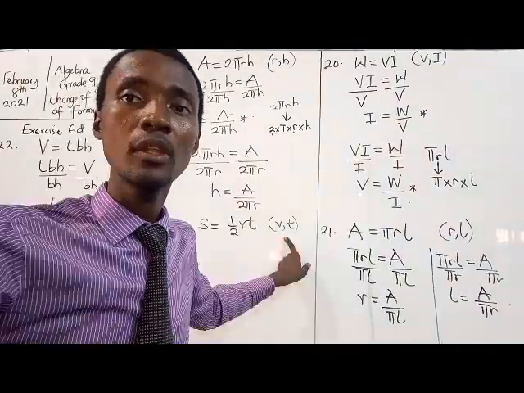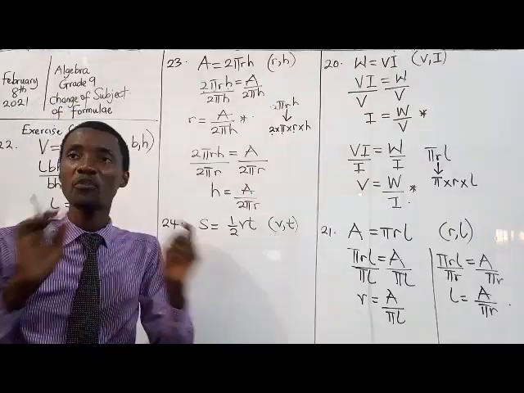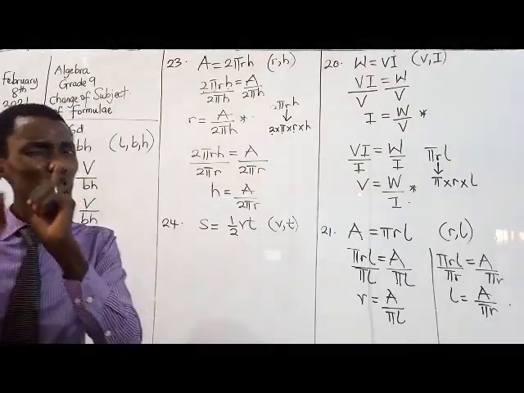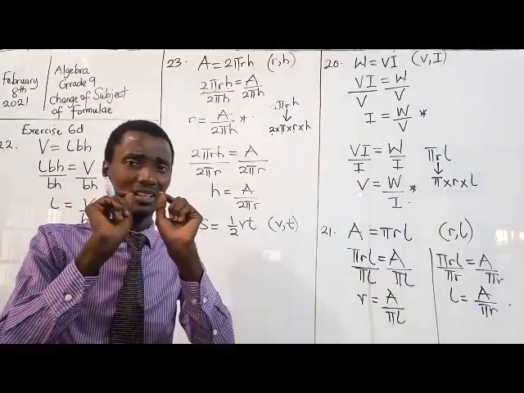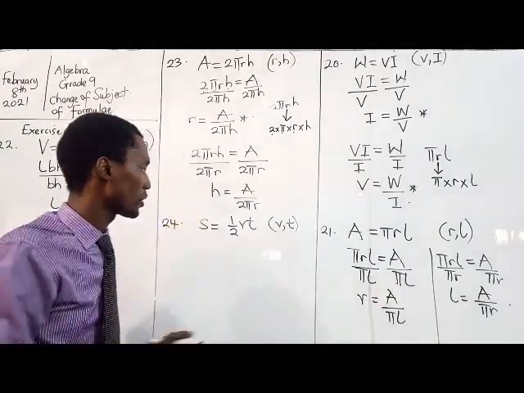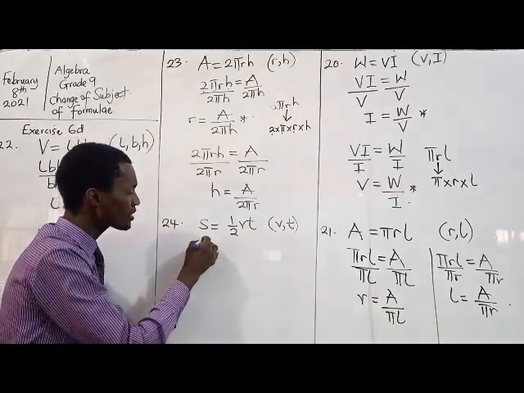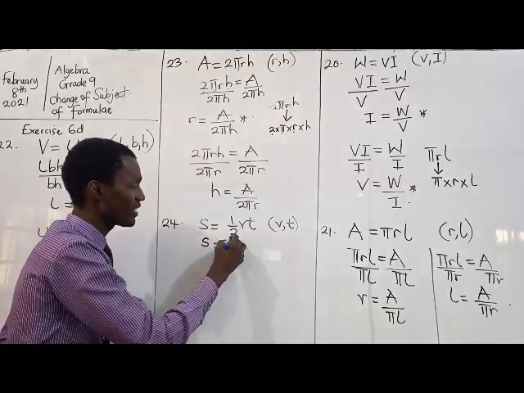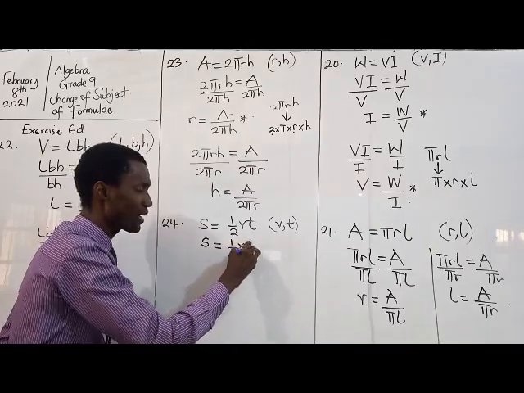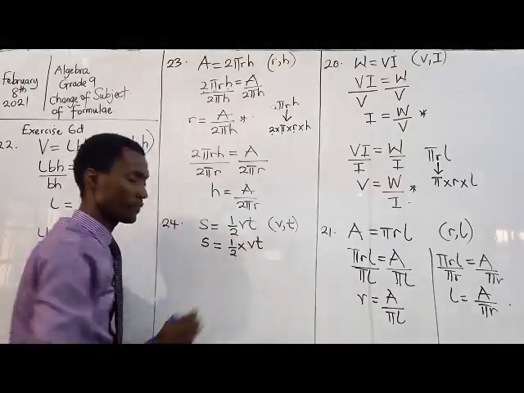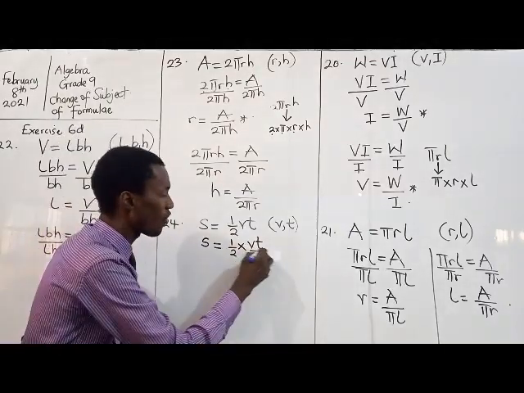Alright. In this question, we're told to look for v and t. Now, something rather strange is in this question. You have half times this. Because I'm trying to introduce the idea, this is half times vt over 1.